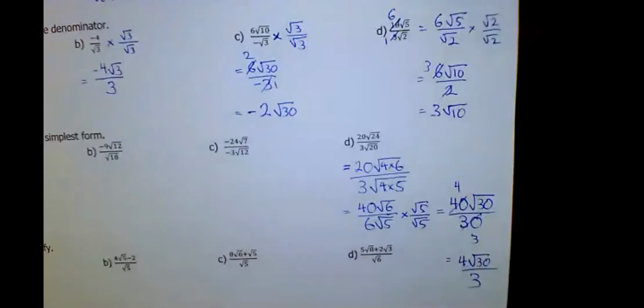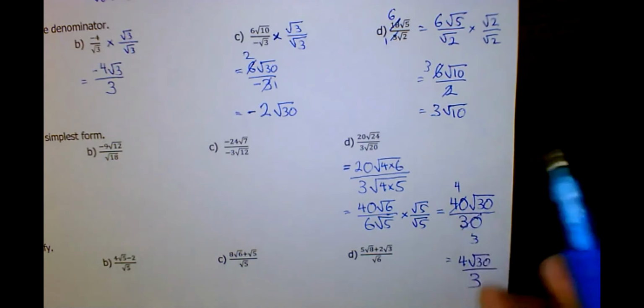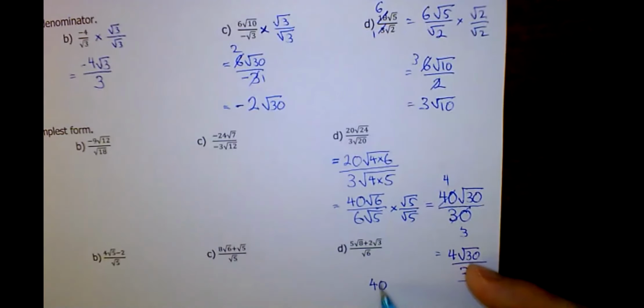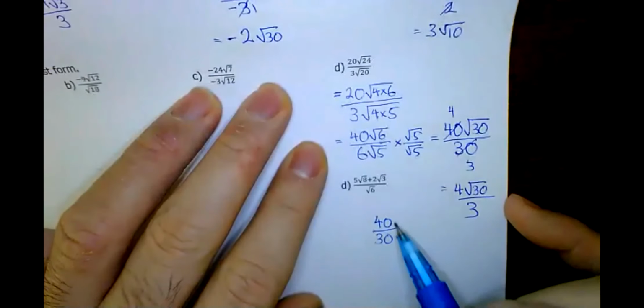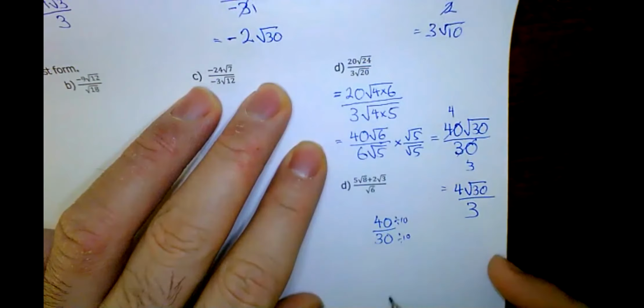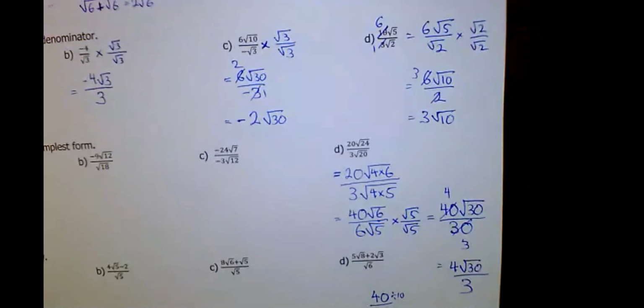Mr. Kim, how did you go from the 40 and the 30 to the 4 and the 3? Well, I divided both by 10. I reduced. Okay, I thought you were dividing them, and I was like, oh, okay, that makes sense. Yeah, it's reducing. It's fraction things.